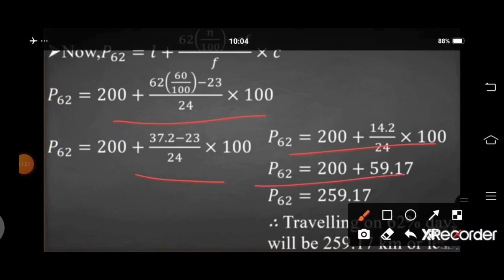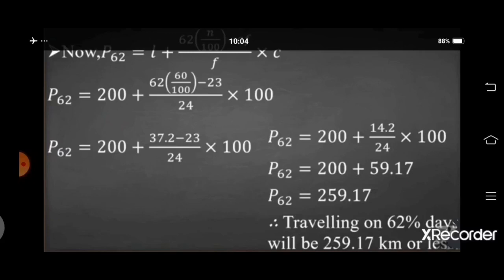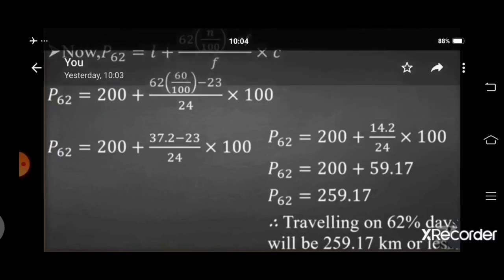We will get P62 equal to 259.17. Traveling on 62% of days, because here we are finding in percentage, percentile will be 259.17 kilometer or less.